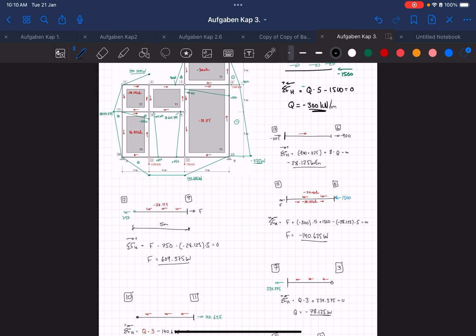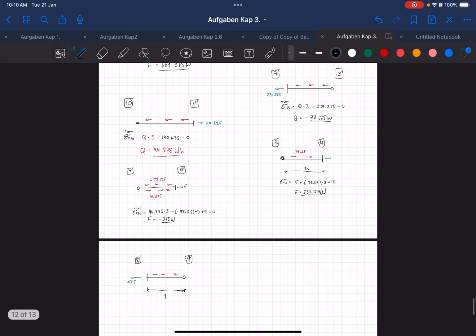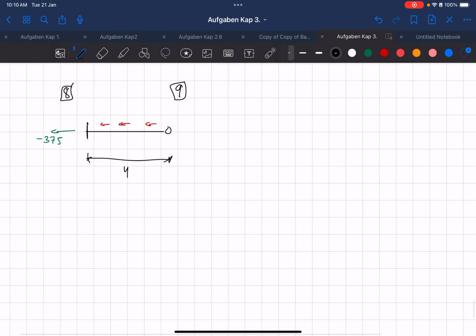Okay. So the sum of all F is positive, so it's equal to Q times 4 plus minus 375 equals 0. 4x minus 375 equals 0. So Q equals 93.75 kilonewton per meter.